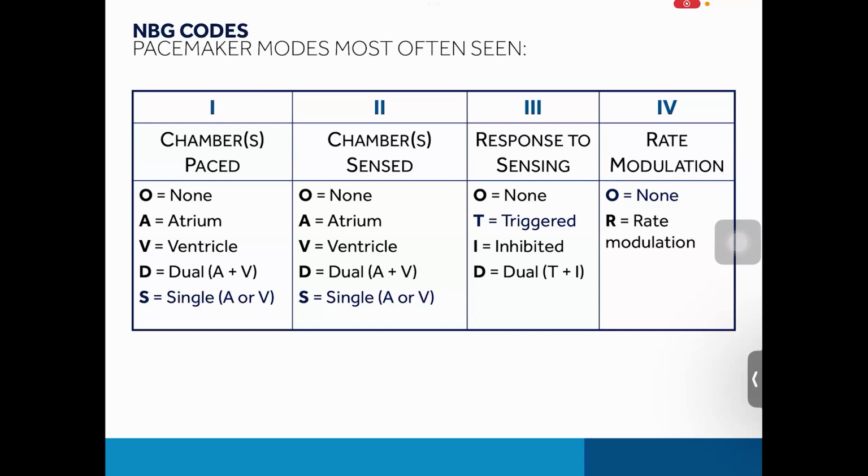And the fourth letter refers to rate modulation or not. To simplify this, all of you know there is a VVI mode, DDD mode, VDD mode. All these modes we will discuss in brief, to make it simple and clear.